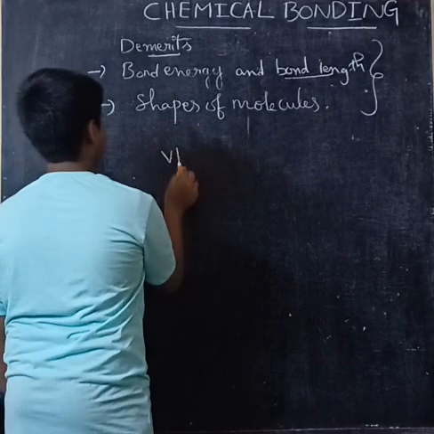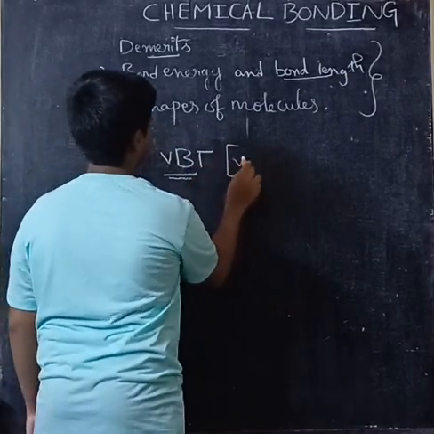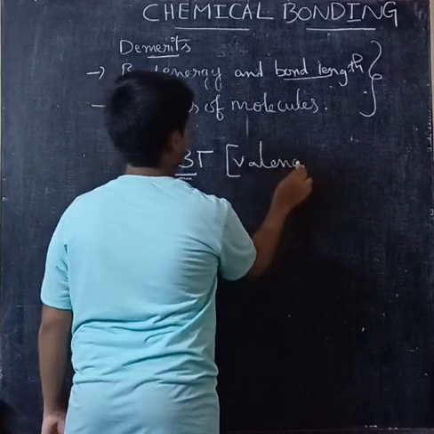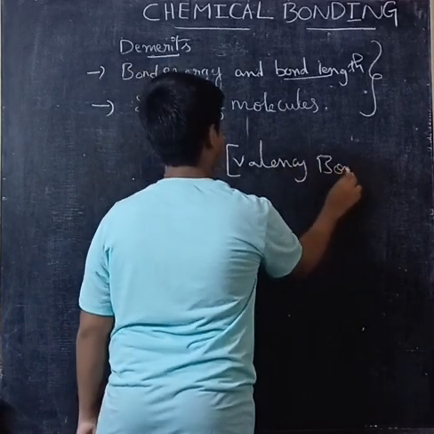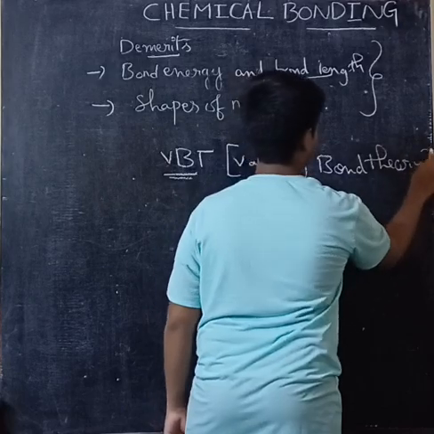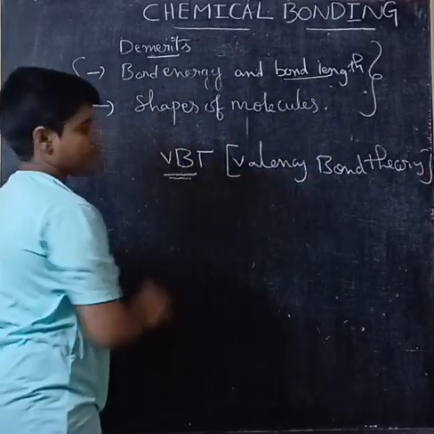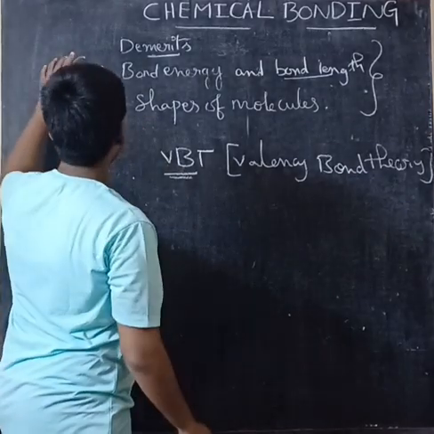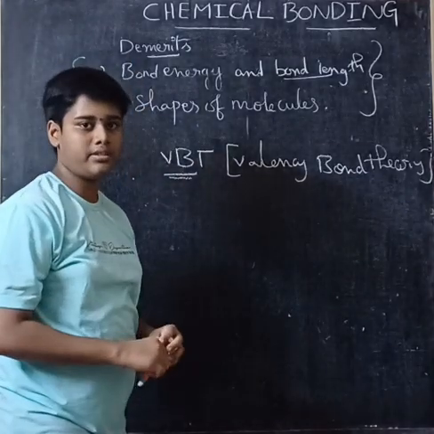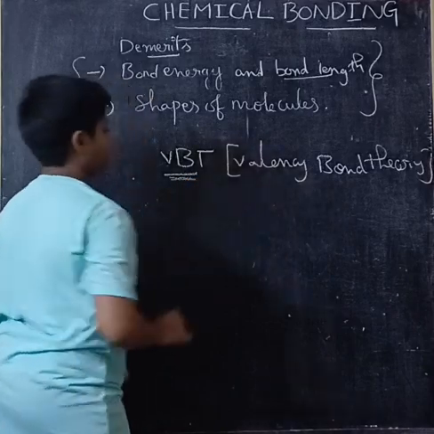And that theory is VBT. This VBT is nothing but valency bond theory. Because of these two demerits of Lewis atomic theory, the next theory was proposed, VBT.